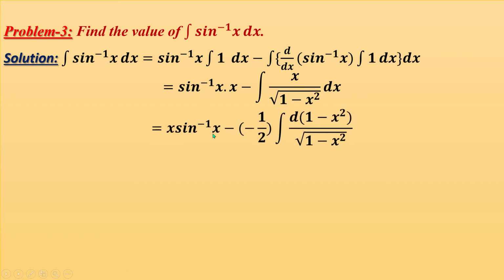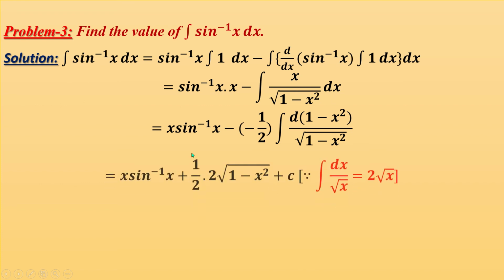Now this equals x into sin inverse x minus 1 divided by 2 integration of d of 1 minus x square by square root of 1 minus x square, as here is x but we have taken 1 minus x square, and after differentiating this we will get minus 2x dx, but here is only x dx, so for getting this part we have to multiply by minus half, as a result minus and minus, 2 and 2 cut, we will get this, so this equals, we can write this, no problem.